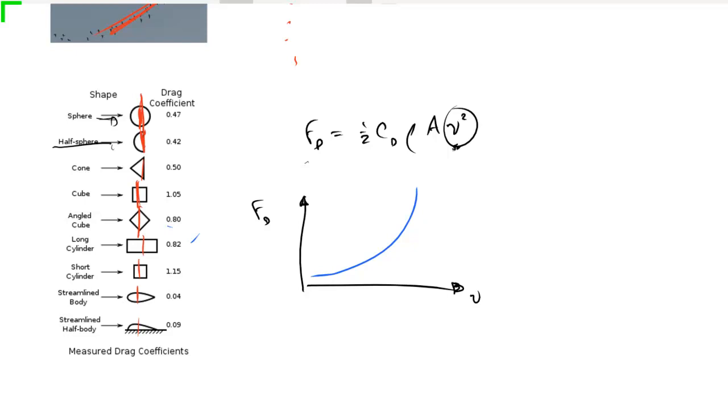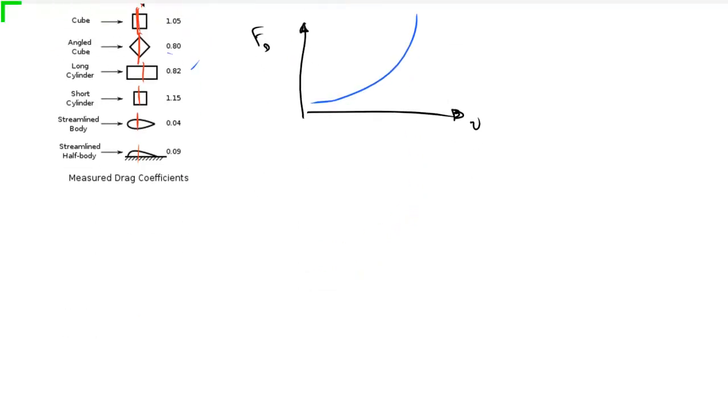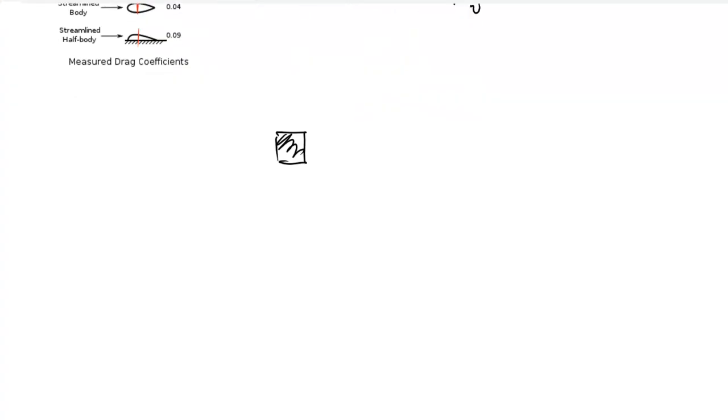So let's take into consideration an object in free fall for a minute. Let's say we have this box here, and it is falling down. Let's say that it falls from rest, but now we're not neglecting wind resistance. I have a weight acting down here, and my forces are in the y direction.